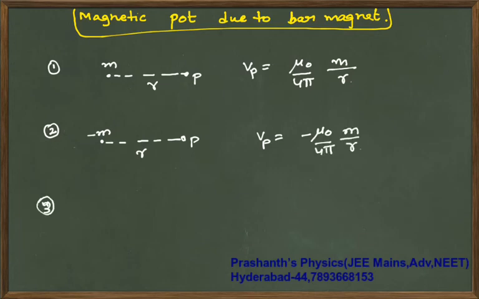If it is a dipole configuration, that is a south pole and north pole, then we have to apply the principle of superposition of potential. I will explain that in the next slide. You can copy this down. All these are just basic definitions. Instead of the proportionality constant 1 by 4 pi epsilon naught in electrostatics, here it is mu naught by 4 pi. Copy this down.